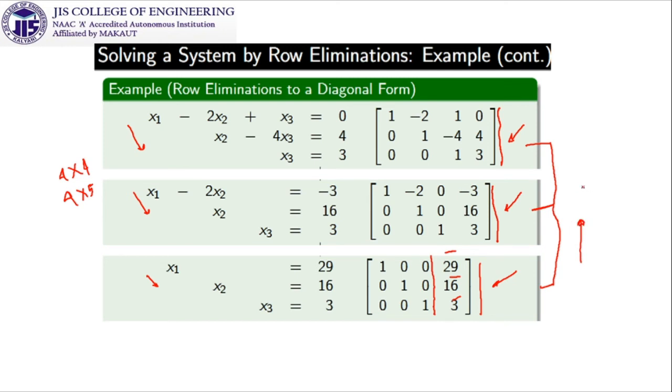So we get two things by the application of matrix and rank: the easier approach to convert it into a system, as well as the consistency characteristics of the system. Okay, so the solution is 29, 16 and 3.